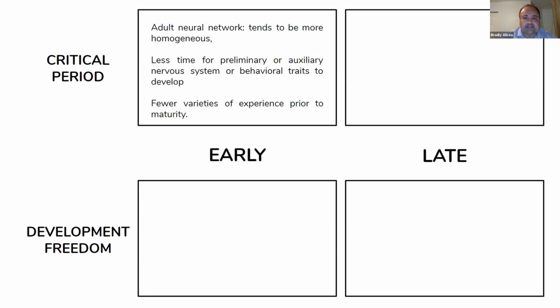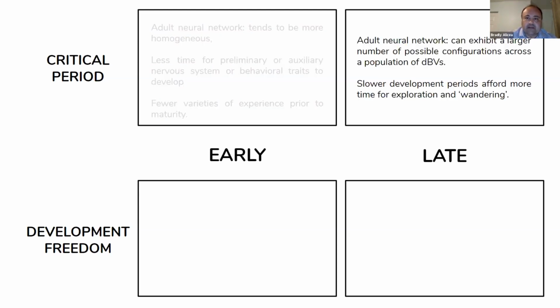And there are fewer varieties of experience prior to maturity. Contrast this with a later critical period, where the adult neural network can exhibit a larger number of possible configurations across the population of individuals. Slower developmental periods afford more time for exploration and wandering.